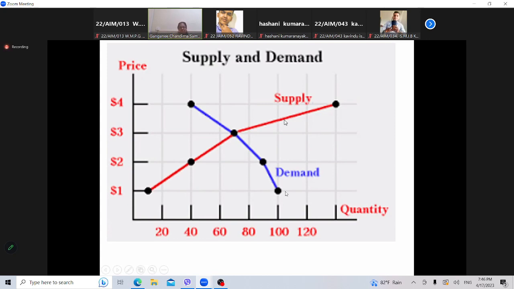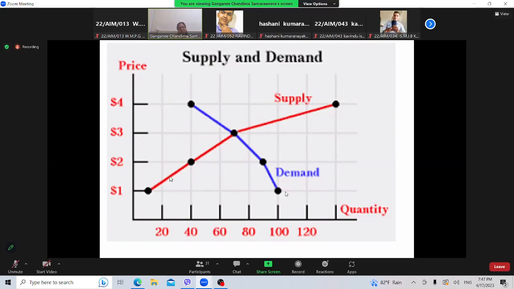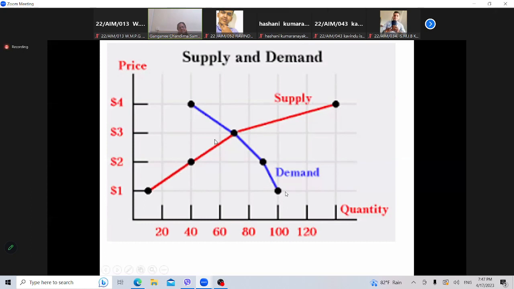Why? Producers need high profits. When the product price is increasing, producers tend to produce more and more. That's why the supply curve is going upward, a positive relationship with price.